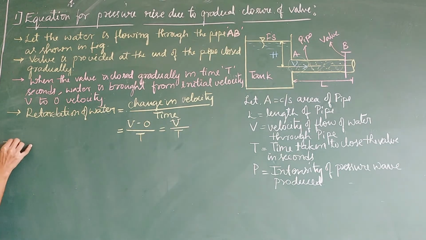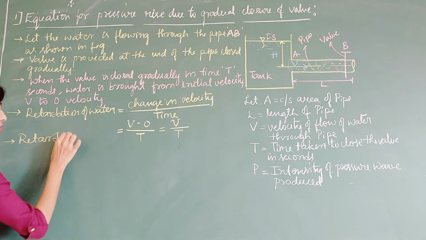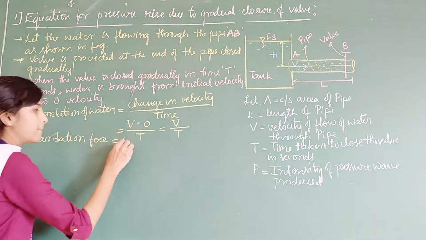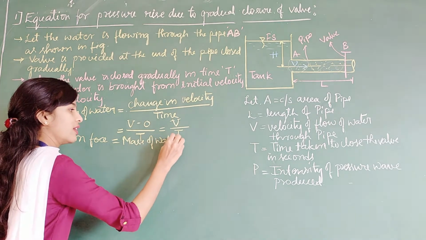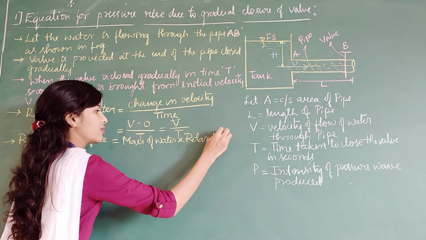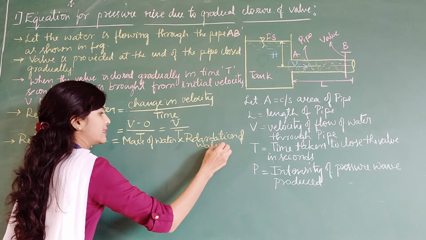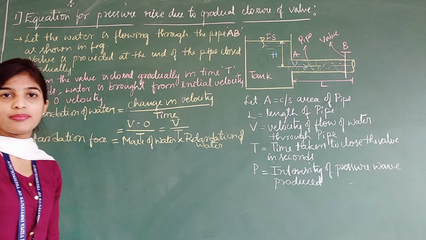Due to this retardation of water, a force is going to be generated, which is called the retardation force. The retardation force is equal to the mass of water into the retardation of water.